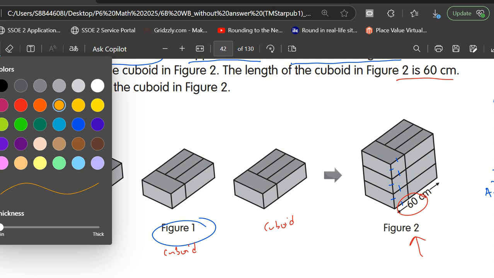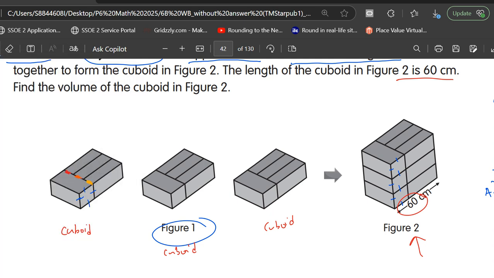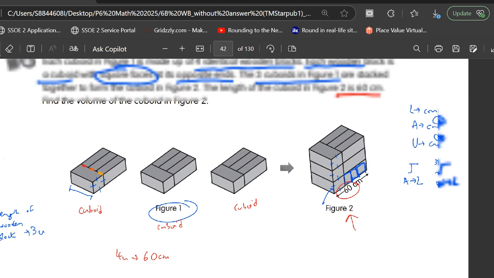So the length here of one wooden block is 3 square faces. That's why I say 3 units. So, plus the first block here, I can say 4 units is 60 centimeters.